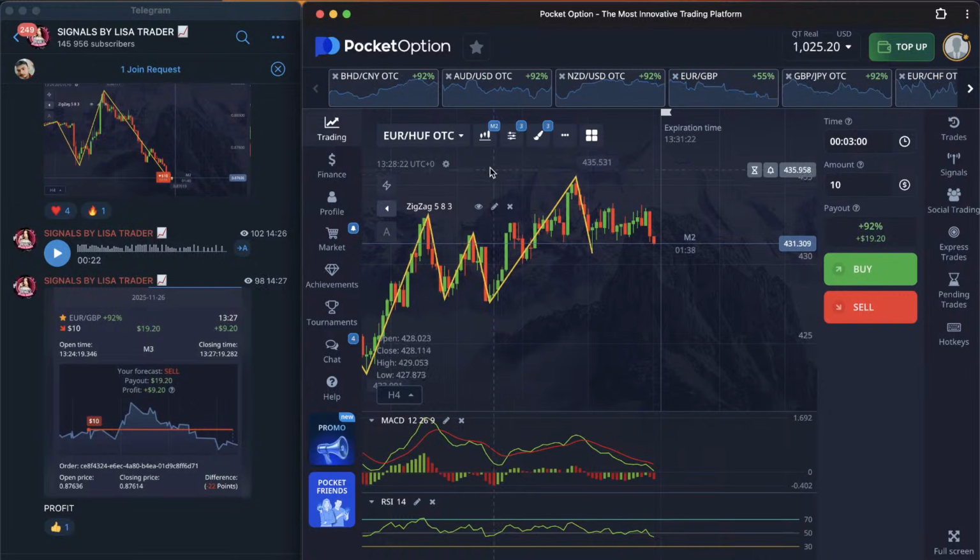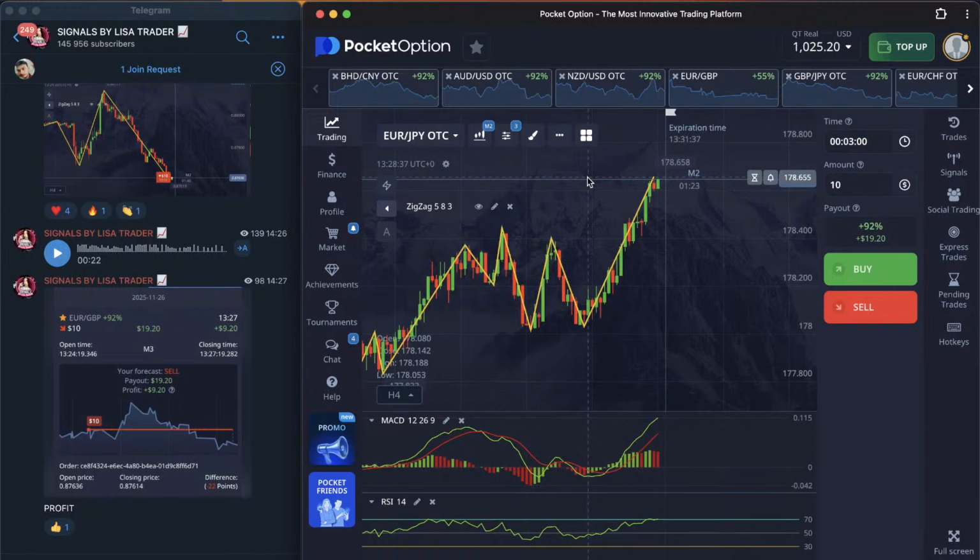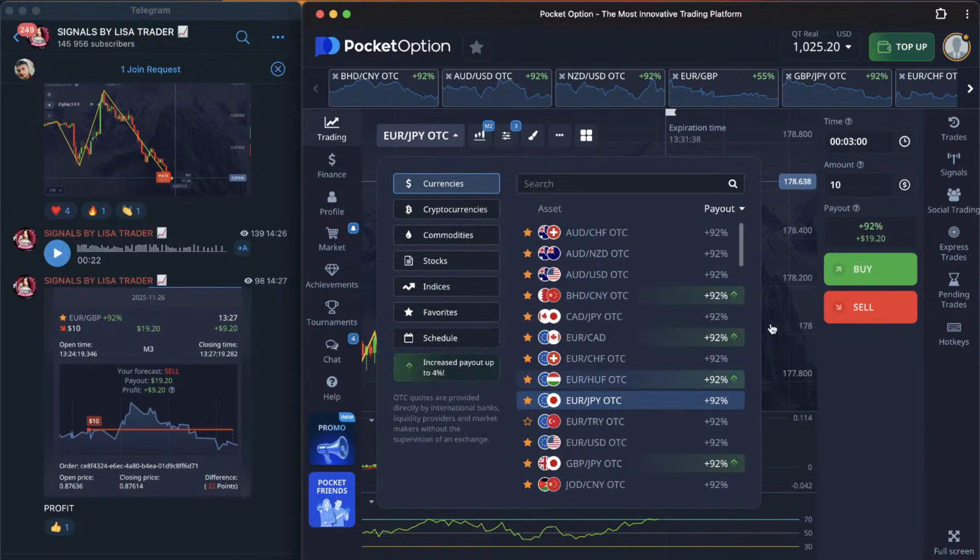Looking for the new currency pair. Wait a second. So.